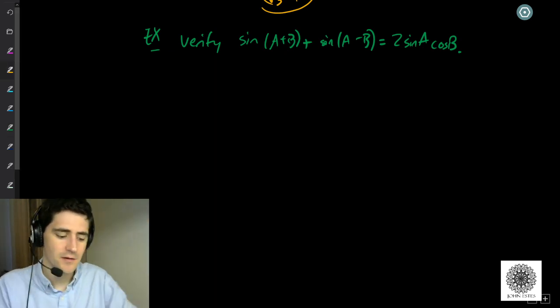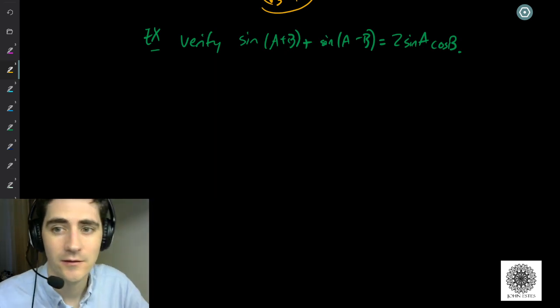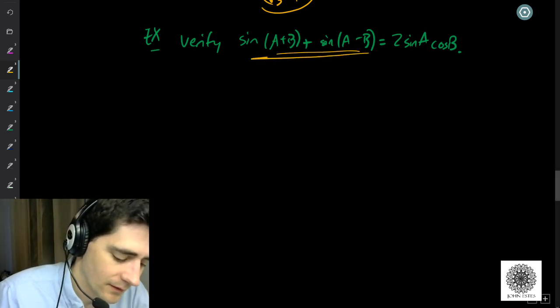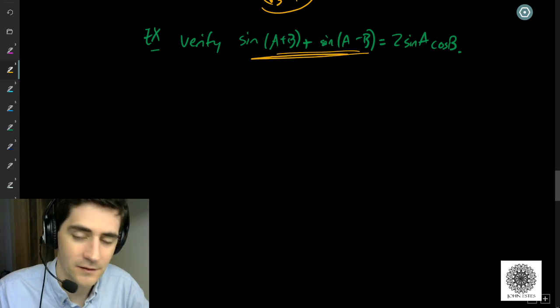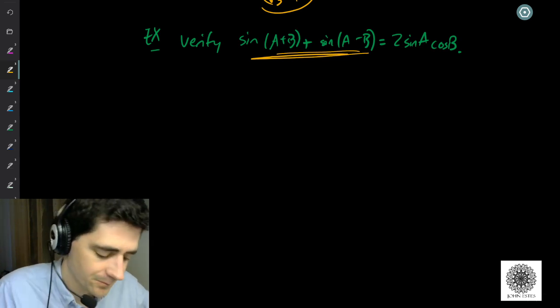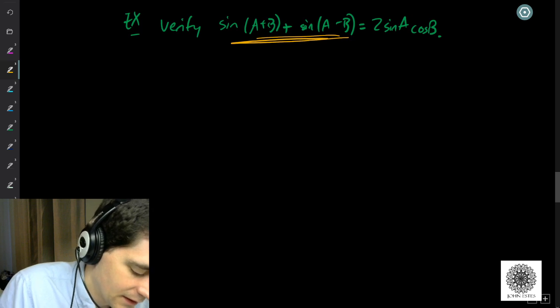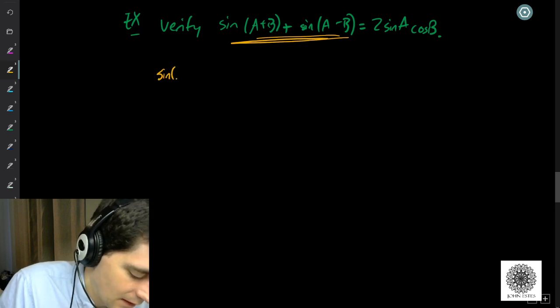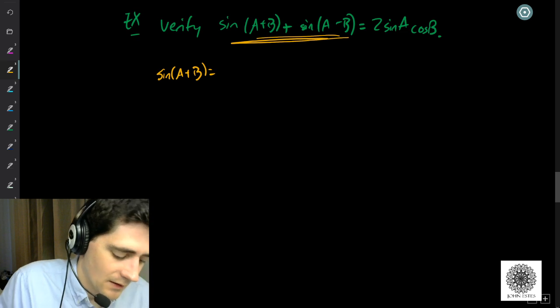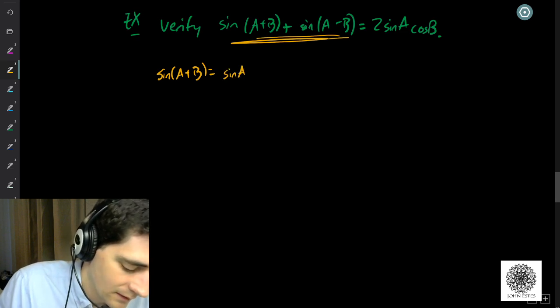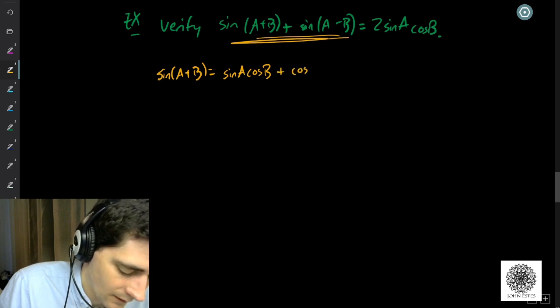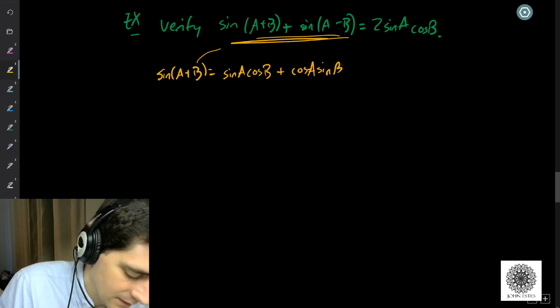Okay, so what we're going to do here, which side's more complicated do you think? Definitely the left side. All right, so we're going to use the left side and try to reduce it. From the left side, I know sine a plus b. Let's see, how do we do this? Remember, you change the trig value, but you keep the sign. So there is sine a plus b. Sine a minus b is the same deal, right?